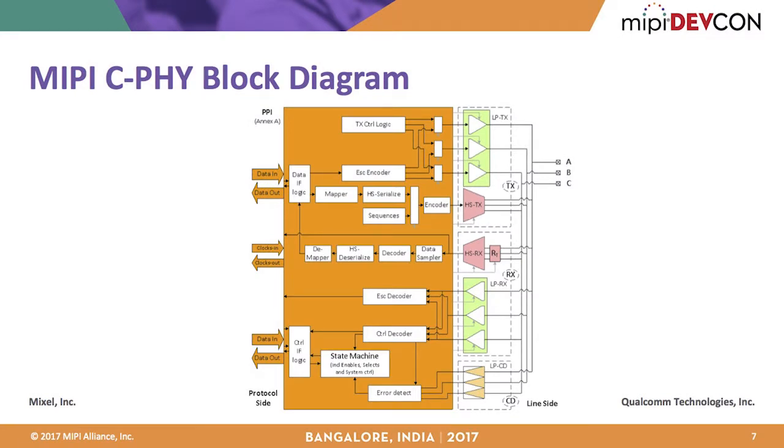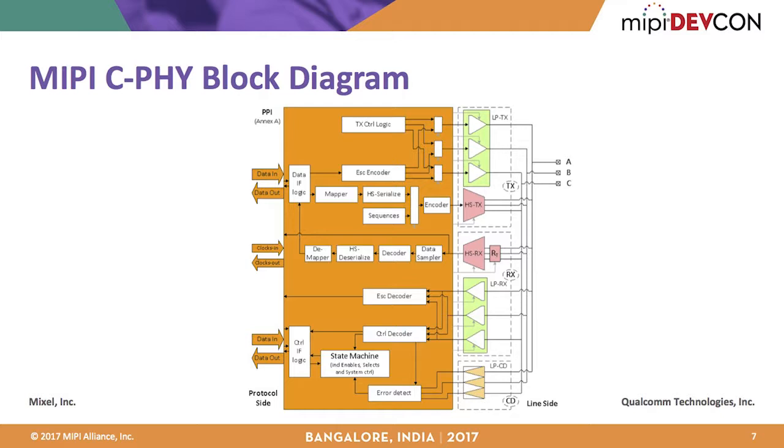Basically, the C-PHY sits on top of, or shares a lot of the functionality with, the D-PHY. So it uses the same low power operation. And you also, of course, have the high-speed operation and the contention detector. Of course, there are many unique things about the C-PHY.